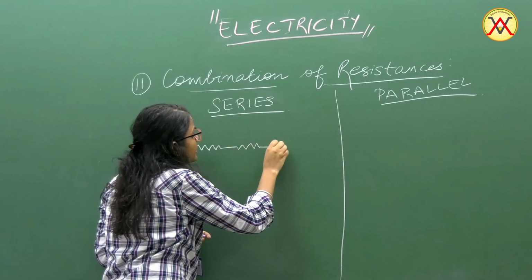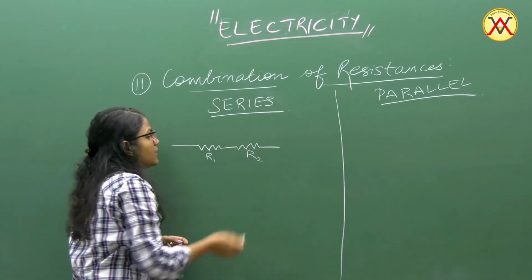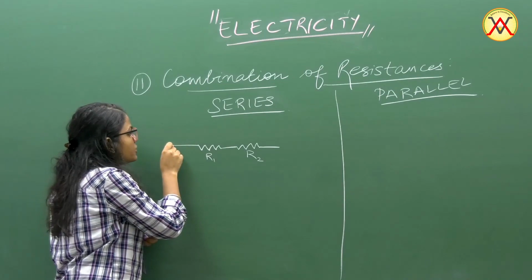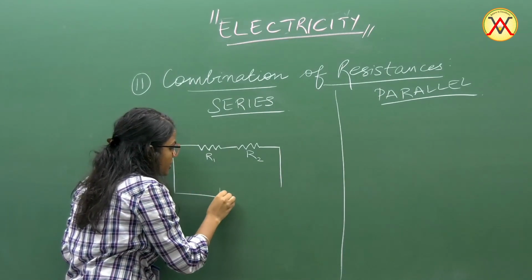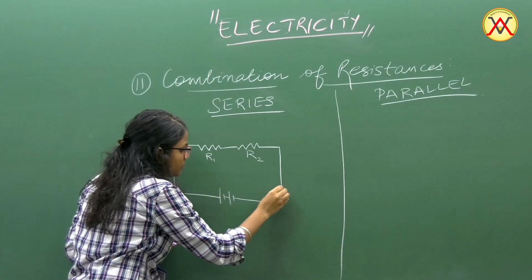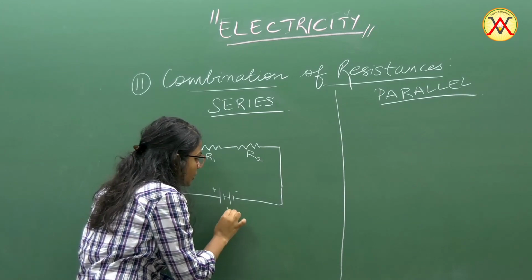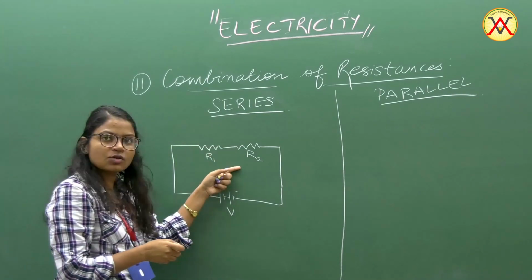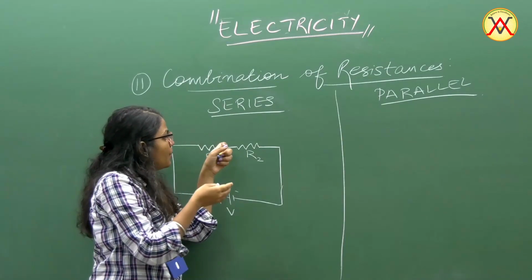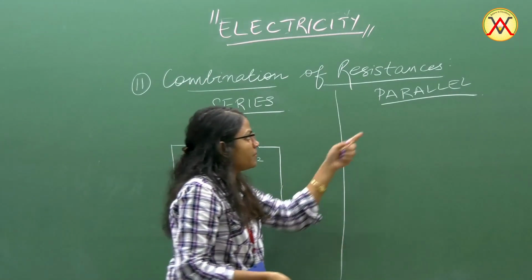We have already studied in our 8th standard how resistances look in a circuit. Let's suppose these two resistances are connected through a battery. Let's suppose the total potential of the battery is V. This is the series combination, that is, left of one is connected to the right of another.